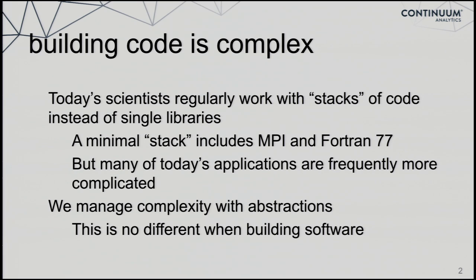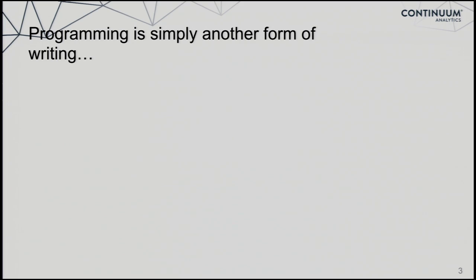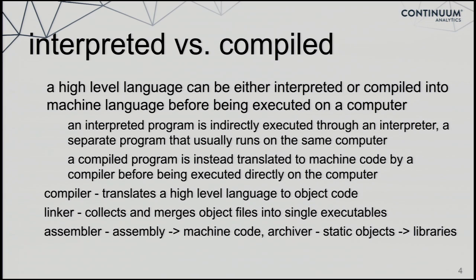Maybe that person is trustworthy. Maybe they're more trustworthy than you. Maybe they're less trustworthy than you. But the idea is that this is becoming more and more complicated. This code is not where it used to be. Okay? So programming, I think of it as just simply another form of writing. And so when you're using other people's code, you're basically taking their chapters and putting it in your book.